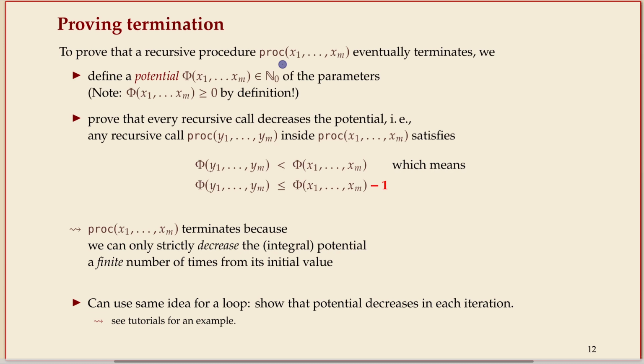Maybe if we take a step back, why would a program ever not terminate? Well, it only doesn't terminate if it somehow gets into an infinite loop of some sort. And that can either be a while loop: while something is not true, keep going. And if that never is true, then it is stuck in that loop forever.